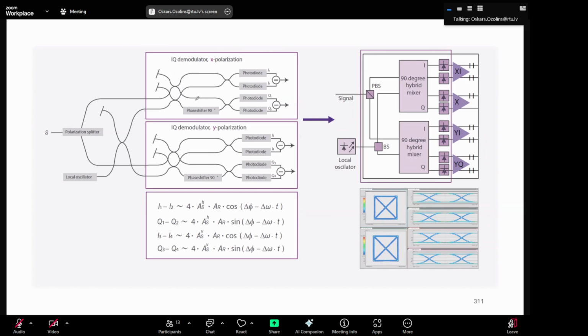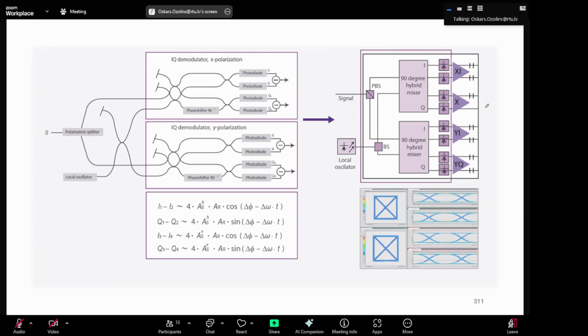Right, but in principle, it's one IQ demodulator and a second IQ demodulator, each for different polarization. And then you can get also equations here, and it's a good visualization that you can detect two different constellations and separate them in non-return to zero signals.